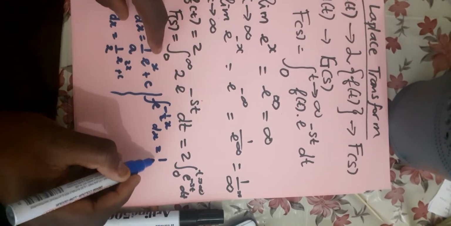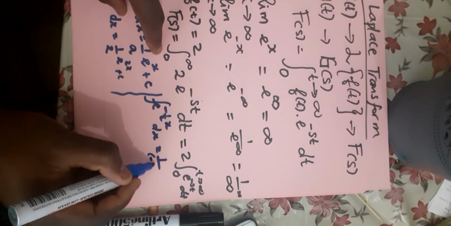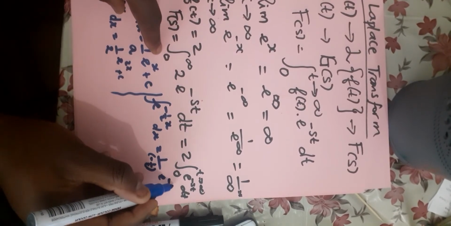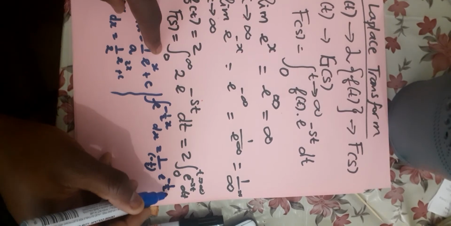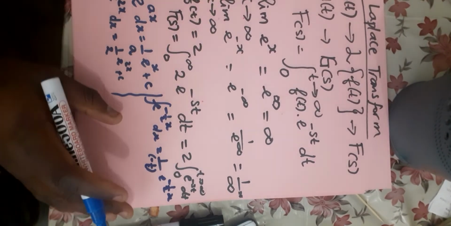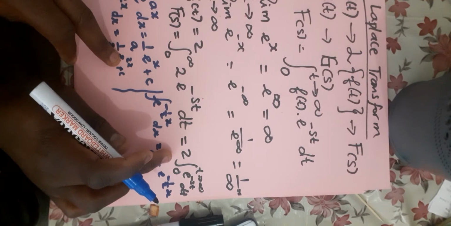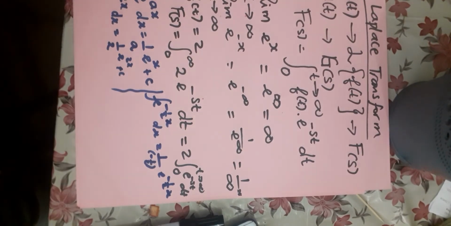It's going to give me 1 divided by minus 1 over 2, e to the power minus 1 over 2 x plus c. But then you have to simplify it. If a number is divided by a fraction, it gives you that number multiplied by the inverse of the fraction.